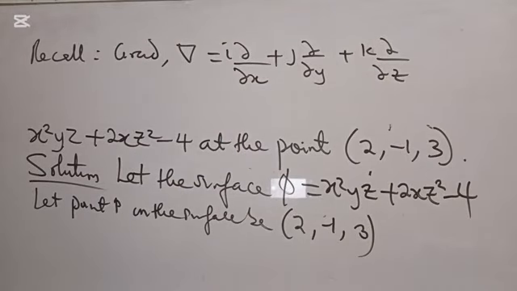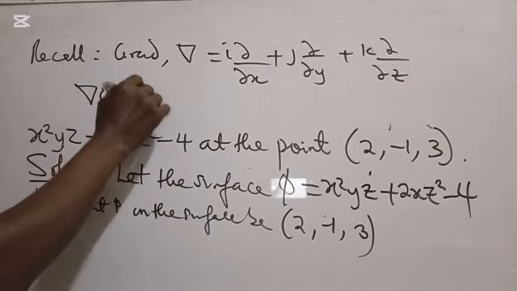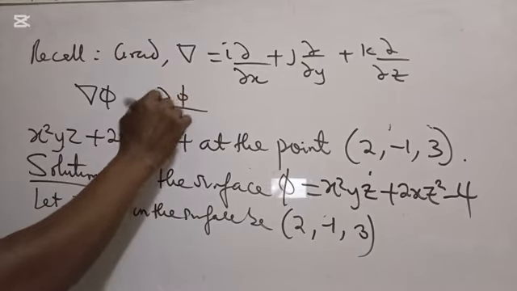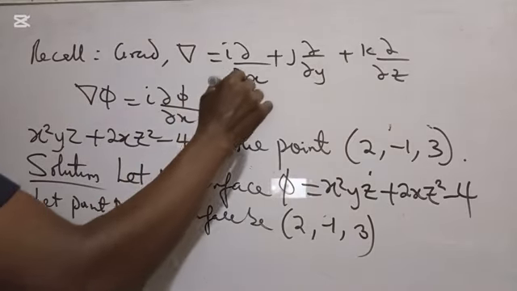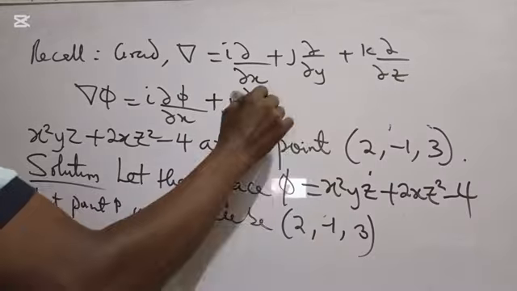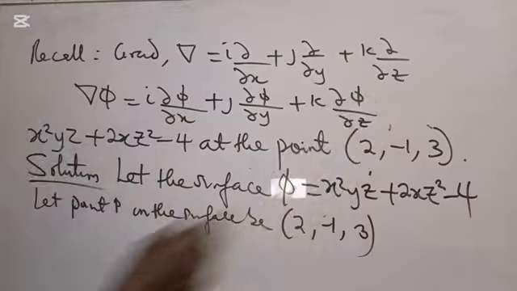That is grad. Grad phi will just be i del phi over del x plus j del phi over del y plus k del phi over del z.